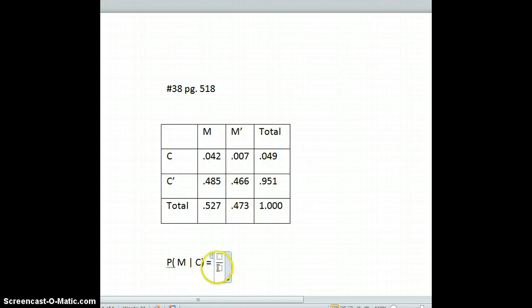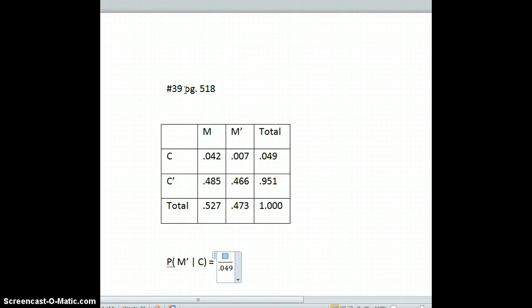So the total probability that we have to work with is the 0.049, because we're only looking at C. That's the total. And the chances that M occurs out of that 0.049, M accounts for 0.042 of that. So reducing that fraction will give you the correct answer.